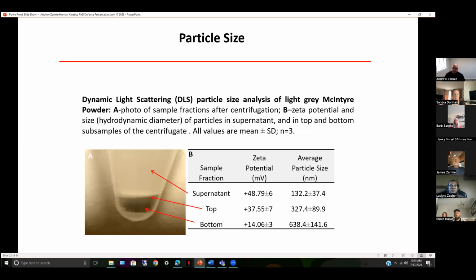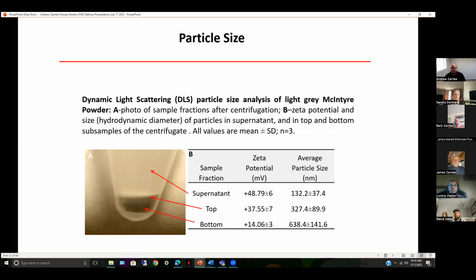The first particle size analysis we did was dynamic light scattering. Dynamic light scattering can measure the size of particles in an aqueous suspension by their Brownian motion, which is based on the principle that light particles will move faster, and the speed is directly related to their particle size.